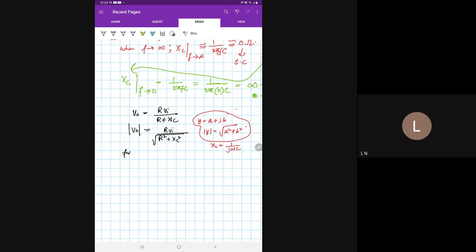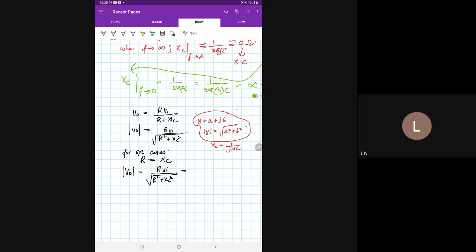Now see, for special cases, R can be equal to XC. There will be a certain point when we can make R equal to XC. If R is equal to XC, then what will be V output? The V output magnitude will be equal to R Vi divided by the root of R square plus XC square.